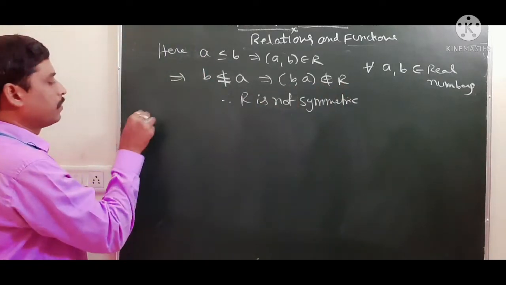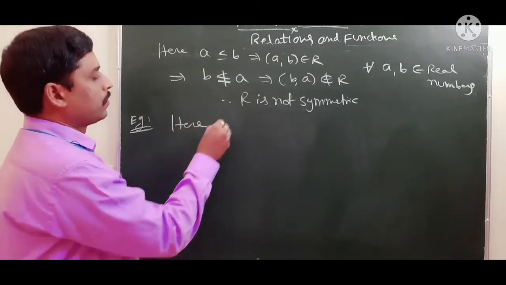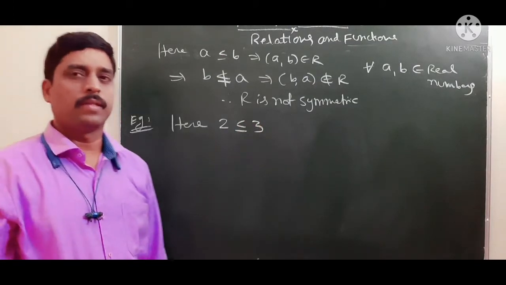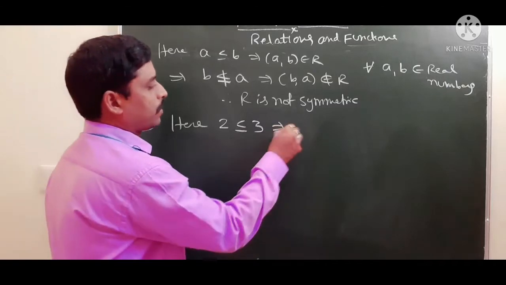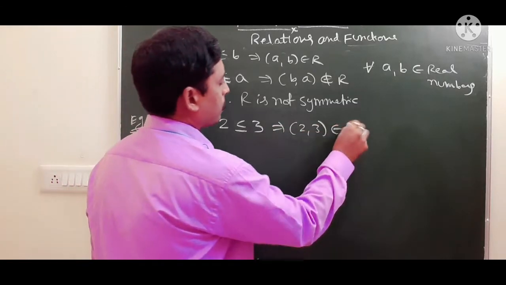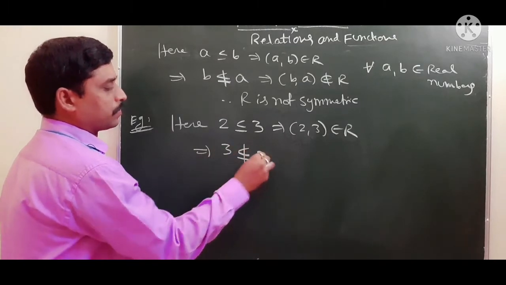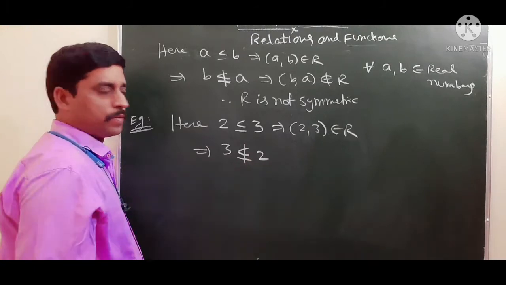I give an example. Here, 2 less than or equal to 3. Okay. Therefore, (2, 3) belongs to R. But 3 is not less than or equal to 2.